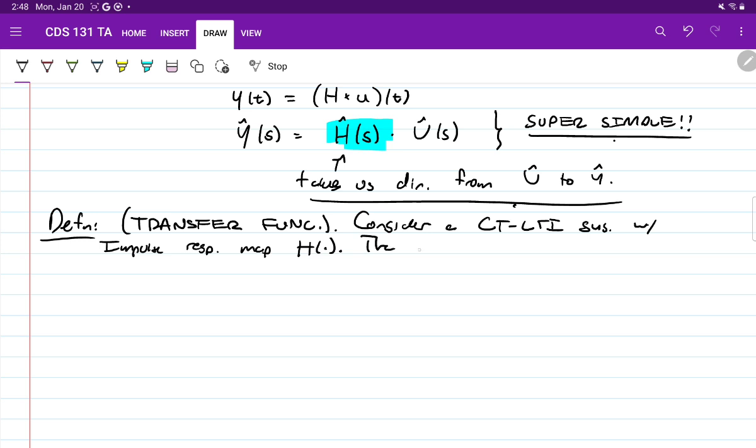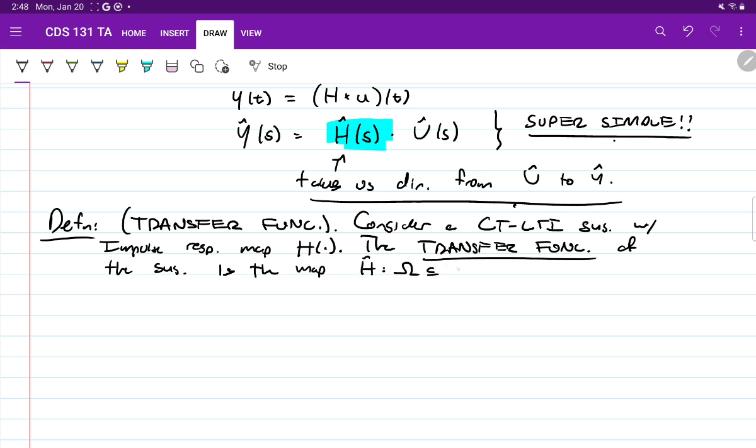The transfer function of the system is the map h hat, which goes from omega, which is a subset of C, into C^(p by m).